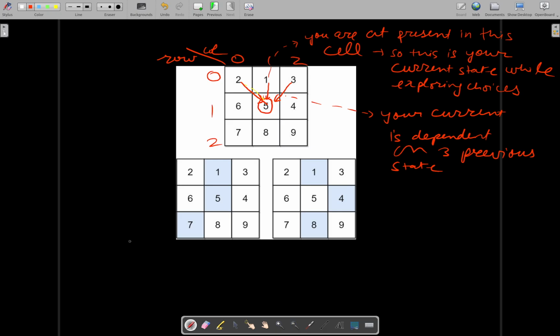So the current state is defined by two state variables, row number and column number.